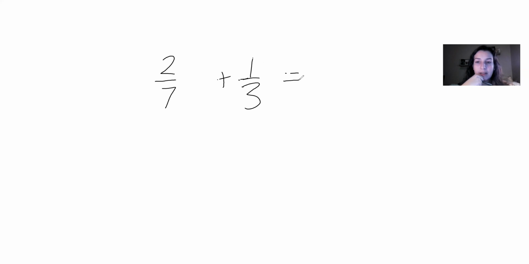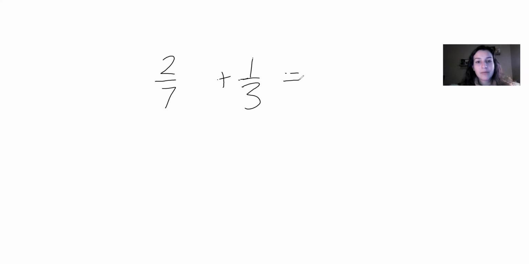But as far as I know, 3 does not go evenly into 7, so we have to be a little bit more creative with this and multiply both terms by a factor that's equivalent to 1.